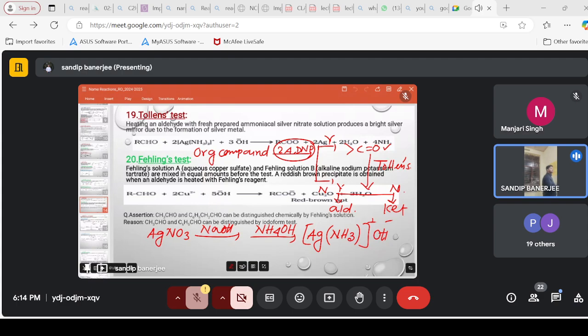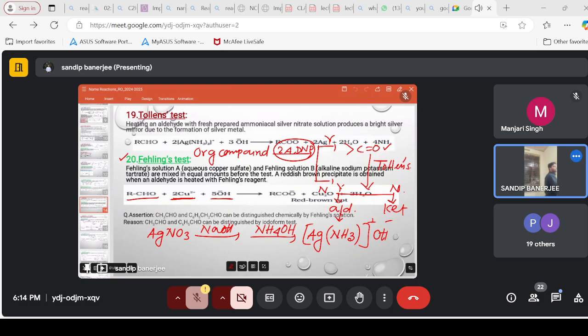Next one is the Fehling's test. Here copper sulfate is Fehling's A, and Fehling's B is normally the Rochelle salt, sodium potassium tartrate. This is a mixture of equal volumes. Here the attacking agent is Cu2+ from copper sulfate, and the OH minus is from your Rochelle salt.